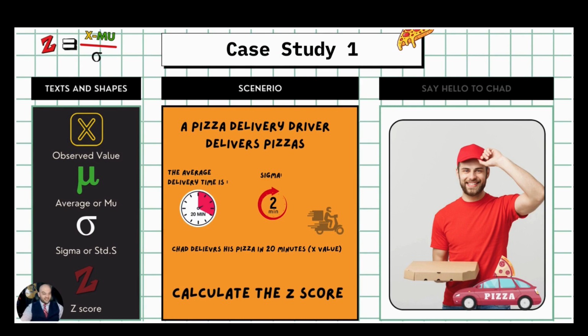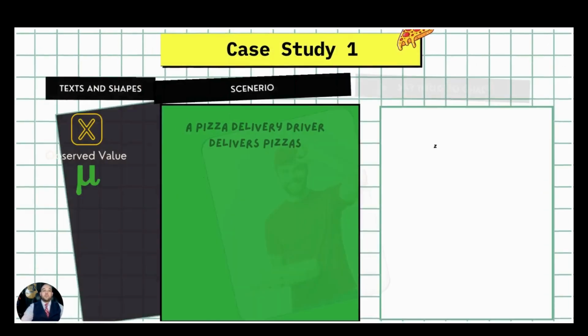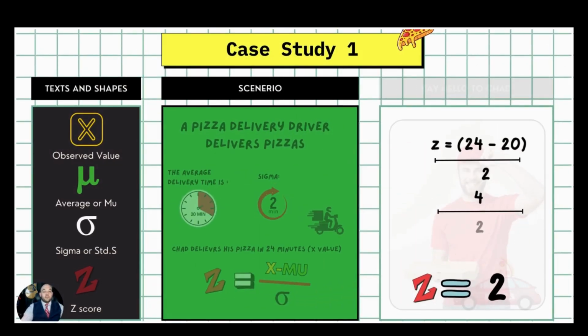All right, pretty easy, right? You're just putting together the math and working through it algebraically. Now, over to the right, I've provided the solution. We knew Chad's delivery time was 24 minutes. We knew the average was 20 minutes.